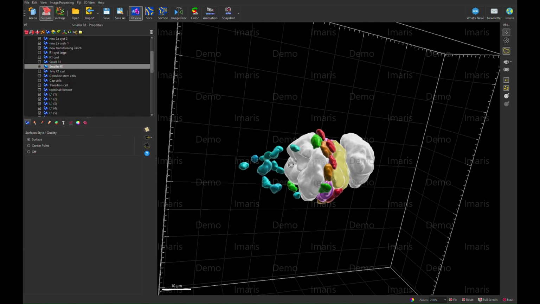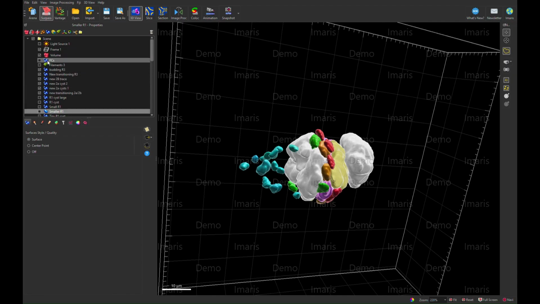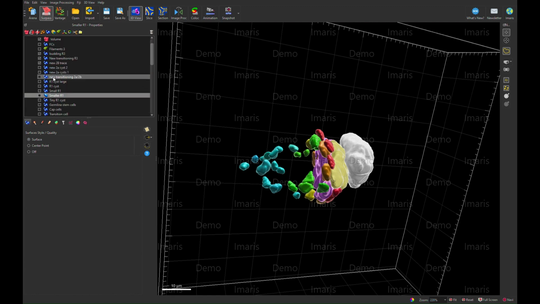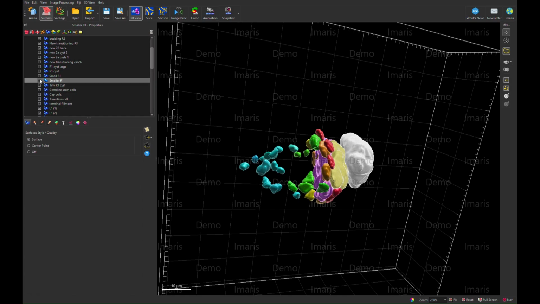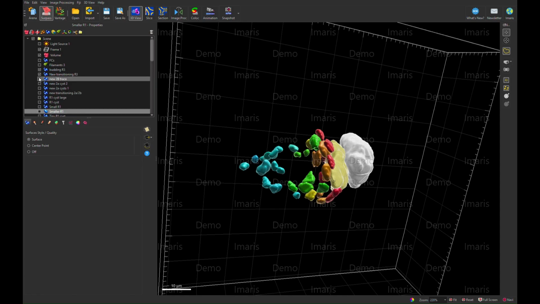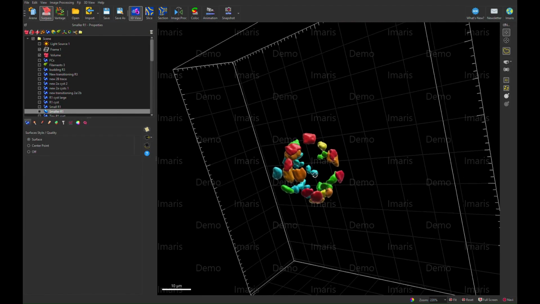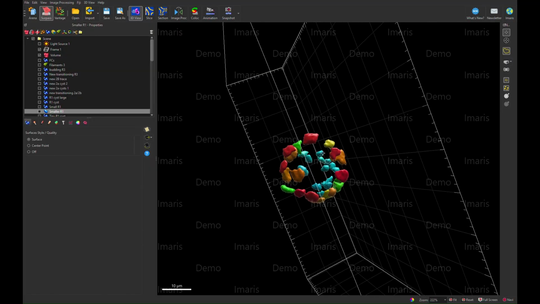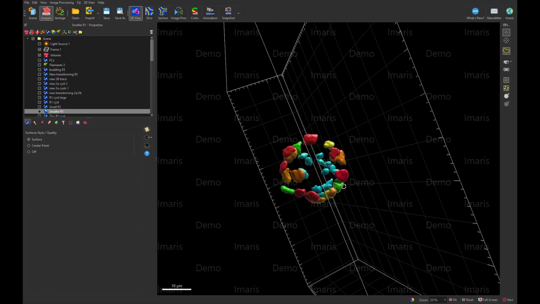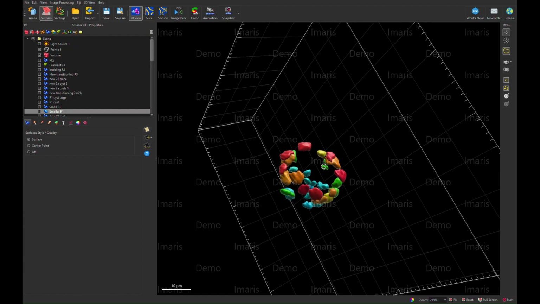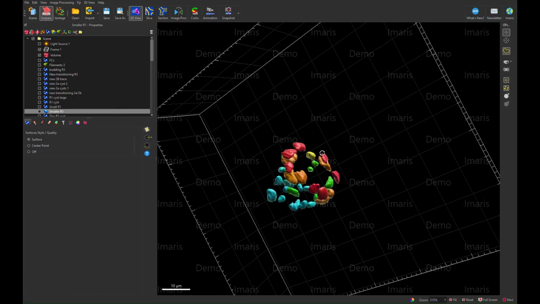But what we miss a lot of the time in two-dimensional cartoons of a germarium is just how these stem cells are arranged. So not only are they abutting the Fas3 expression, but they're also surrounding the entirety of the germarium. You can see here clearly that the red, orange, and yellow cells are arranged in almost a ring around the circumference of the germarium.